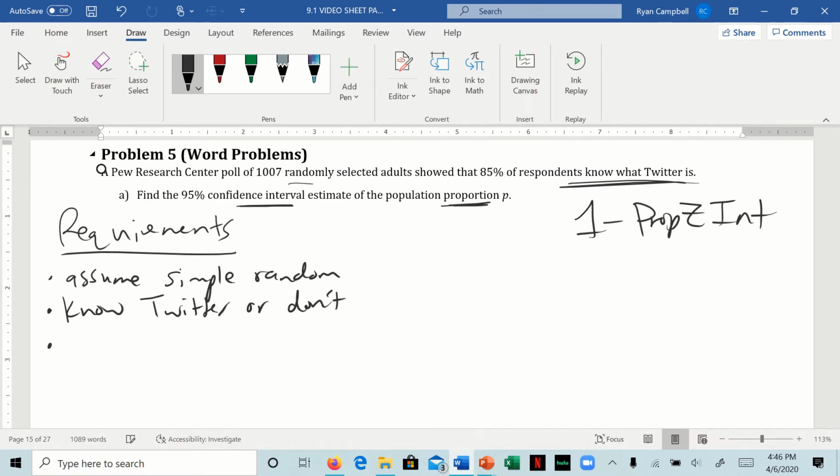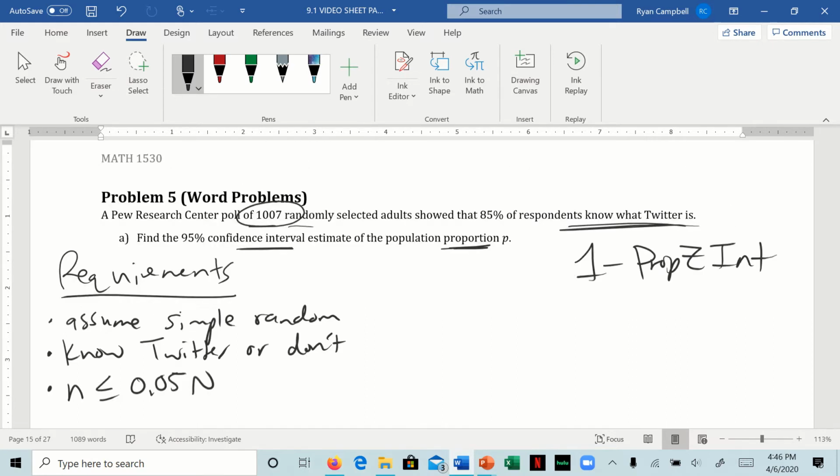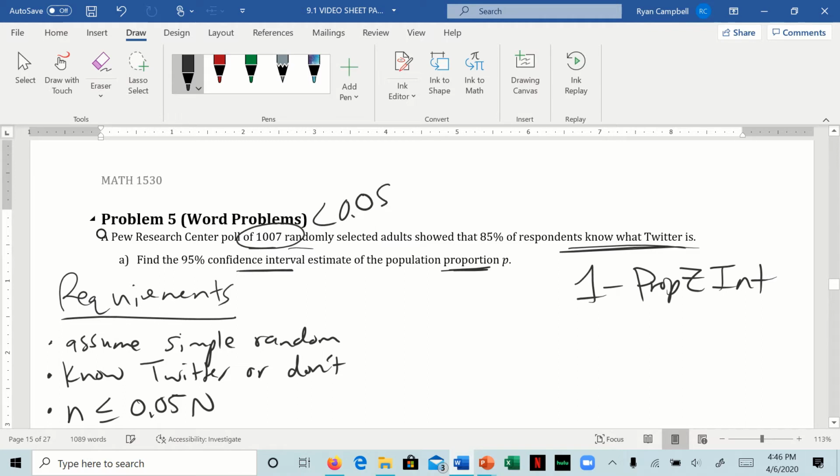All right, let's look at our sample size requirement. Is the sample size less than 5% of the population? Well, 1,007 is definitely going to be less than 5% of everybody. The other way you can do that, if you want the hard number, is to divide it by 5%, and we get 20,140.